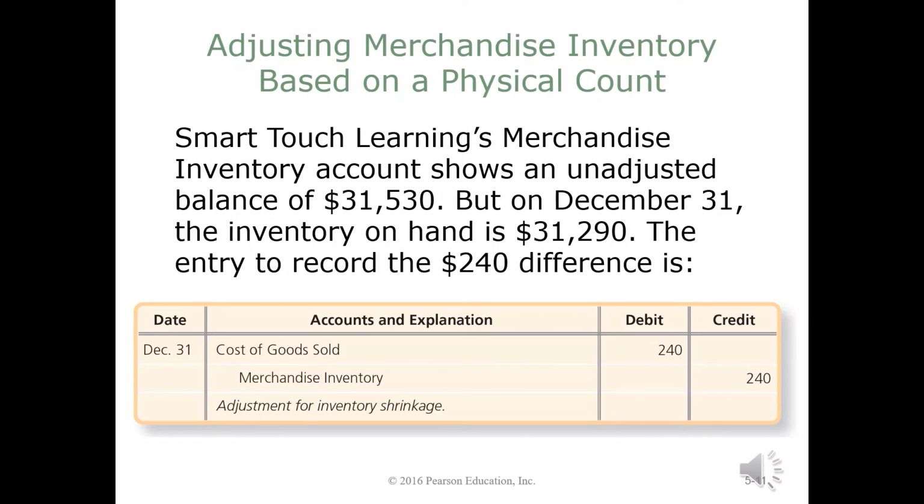Keep in mind that when we did our physical count, we identified that there was only $31,290 in merchandise inventory. So we were going to need to credit our merchandise inventory to reduce it from our $31,530 value. The difference is an expense that will show up as a reduction of our revenue on the income statement.